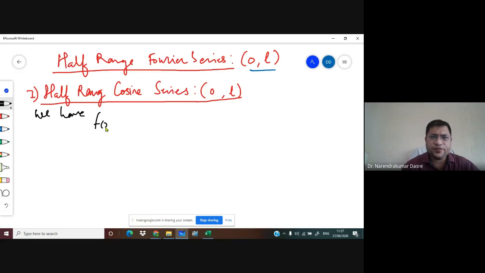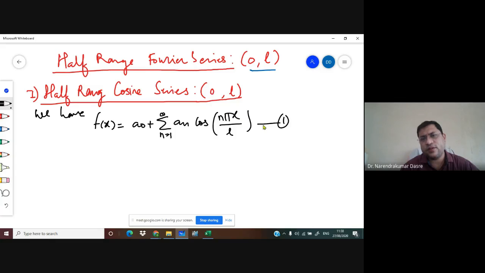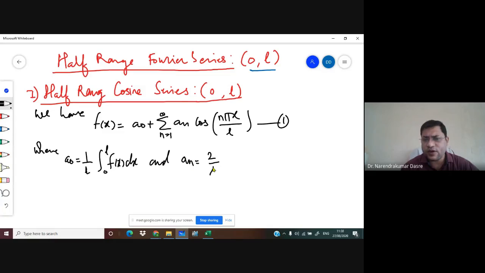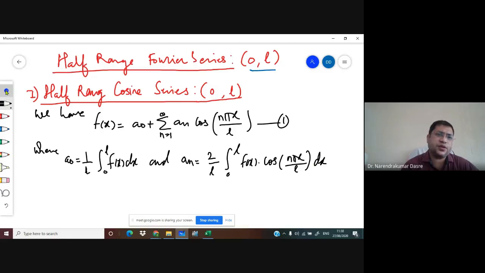We have f of x is equal to a0 plus summation an, n running from 1 to infinity, cos of n pi x by L, equation 1, where a0 is equal to, please be careful with the formula for a half range series, 1 by L integral 0 to L f of x dx, and an is equal to 2 by L integral 0 to L f of x into cos of n pi x by L dx.